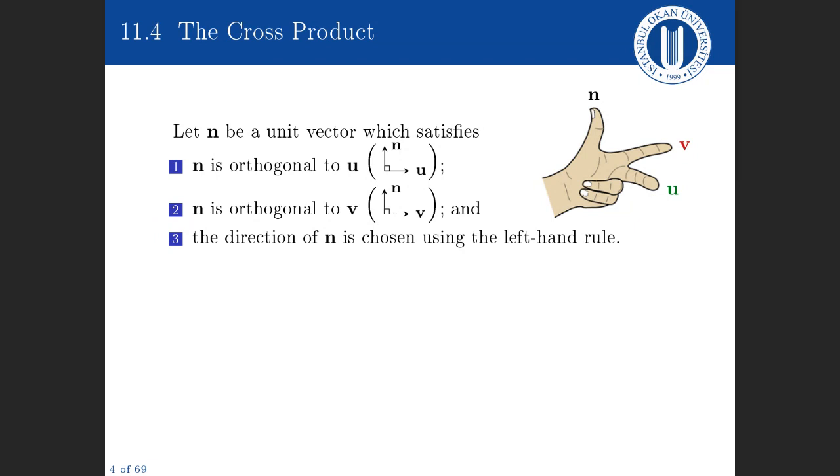We want N to be orthogonal to V. That means that the angle between N and V needs to be 90 degrees. And then we want to choose the direction of N using the left-hand rule. Second finger pointing in the direction U, hold your first finger pointing in the direction V, rotate your hand, and then your thumb will give you the direction N.